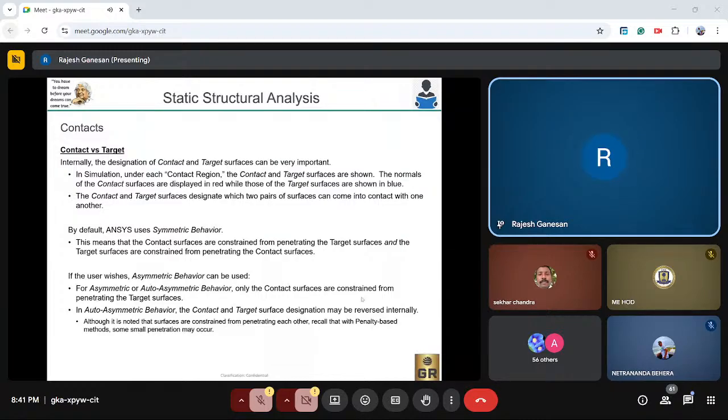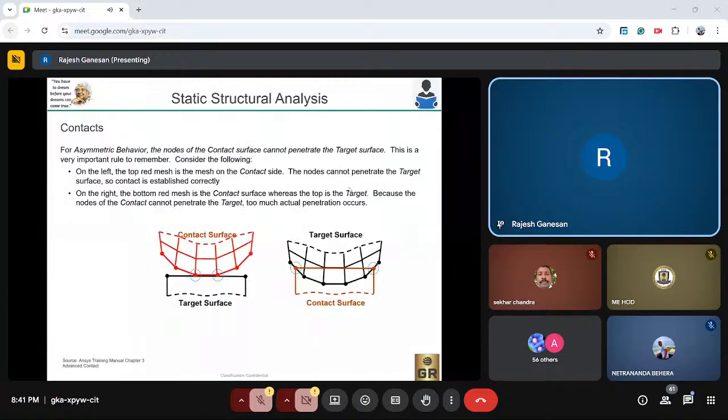In simulation, under each contact region, the contact and target surfaces are shown. The normals of the contact surfaces are displayed in red, while those of the target surfaces are in blue, as I told you already. Okay. By default, ANSYS will create the contact and the target automatically whenever we are applying the loads and forces.